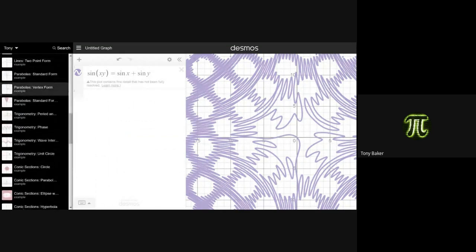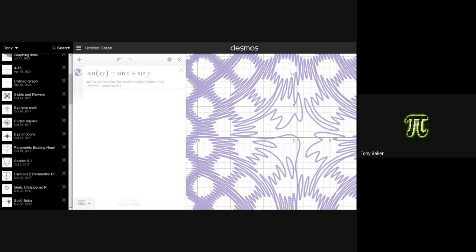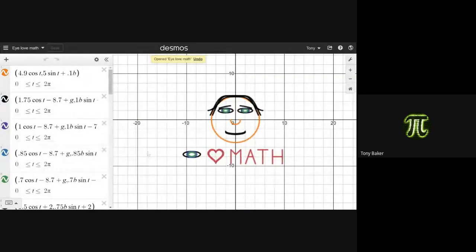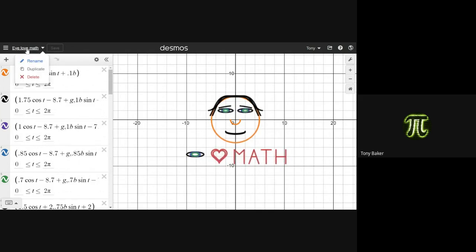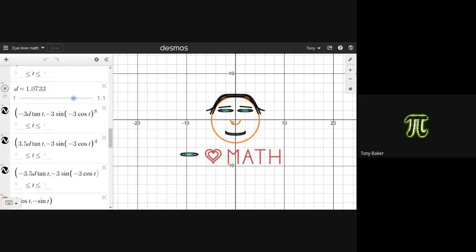Hold on, let me see if I can find it. So in one of my problems in my Calc 2 class, we do parametric equations. And you can do cool things like that with Desmos when you start looking at parametric equations. How does he make it move? In Desmos you can have your variables change.